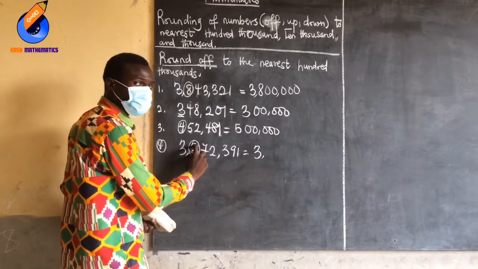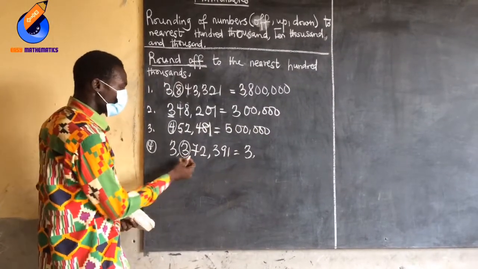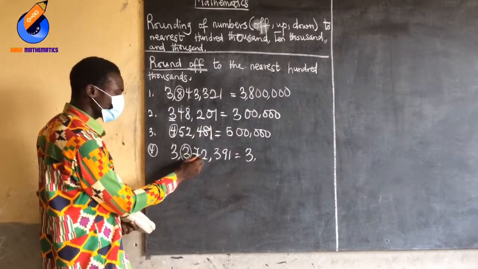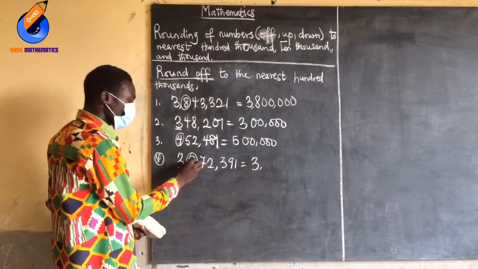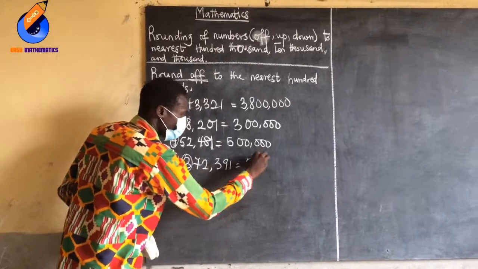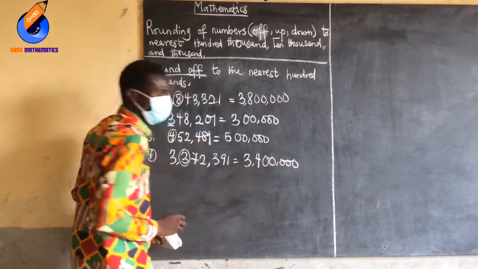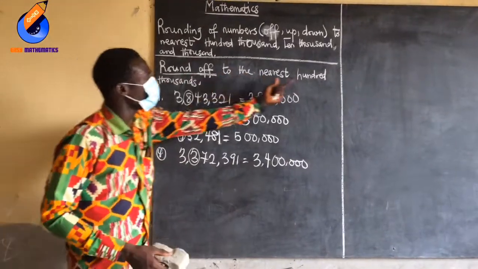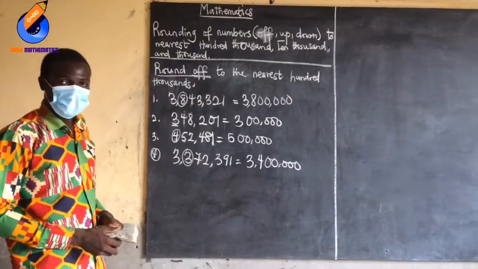The number close to the 3 is 7. So I'll add 1 to the 3 because this 7 is greater than 5. So 1 added to this gives me 4. Then I'll change the remaining numbers to 0. So when you have to round to the nearest 100,000, this is how it is being done.